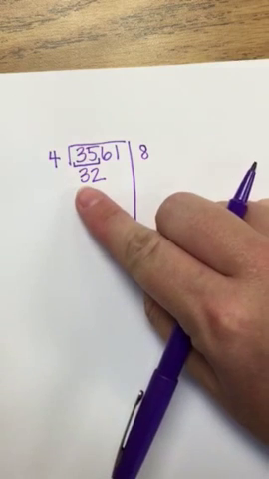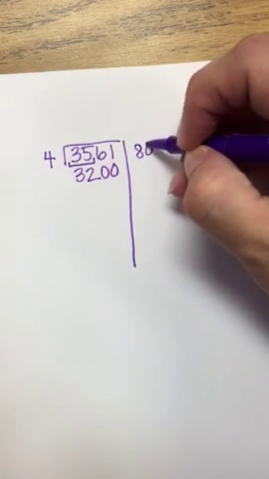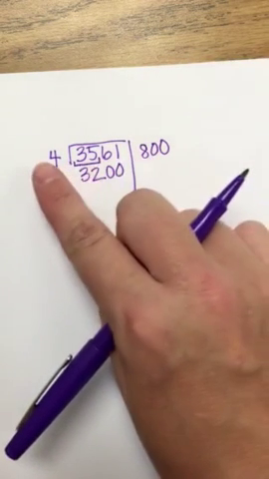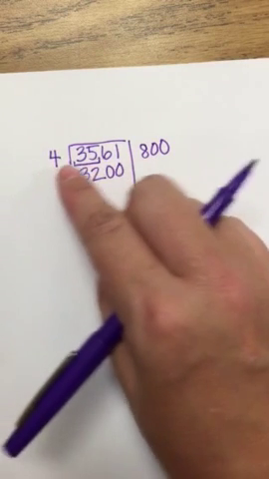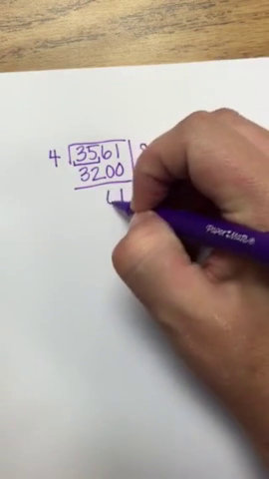But again, that's not a 32, it's a 3,200, which means that this is an 800. Because 4 times 8 is 32, 4 times 80 is 320, and 4 times 800 is 3,200. So I can subtract.